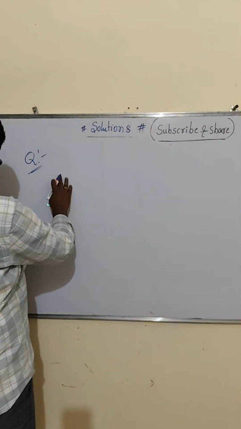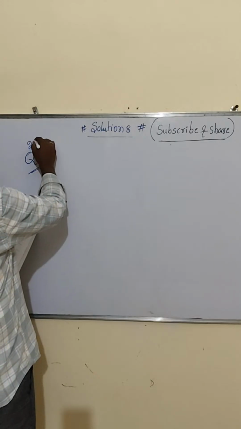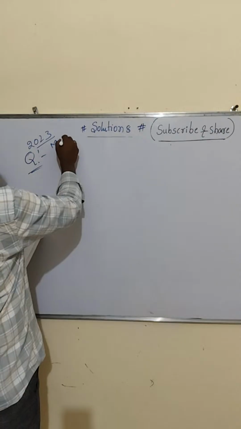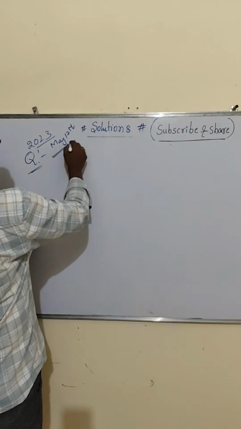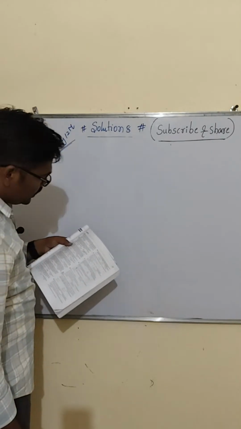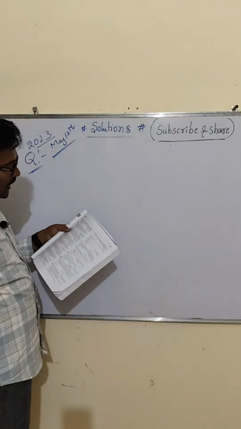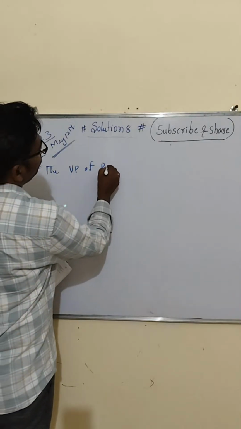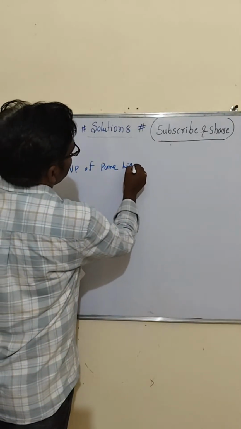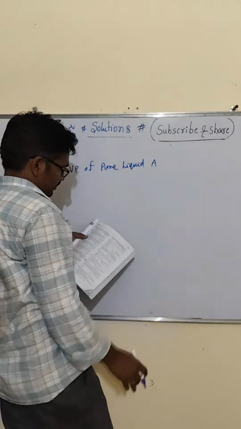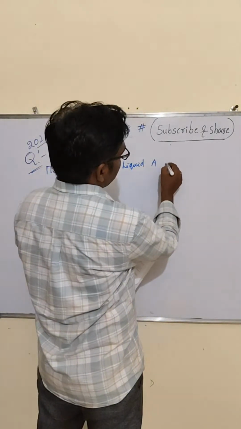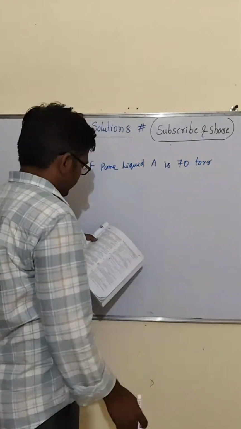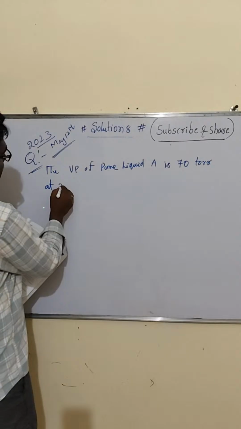The question was given in the 2023 May 12th exam. The vapor pressure of pure liquid A is 70 torr at 300 kelvins.